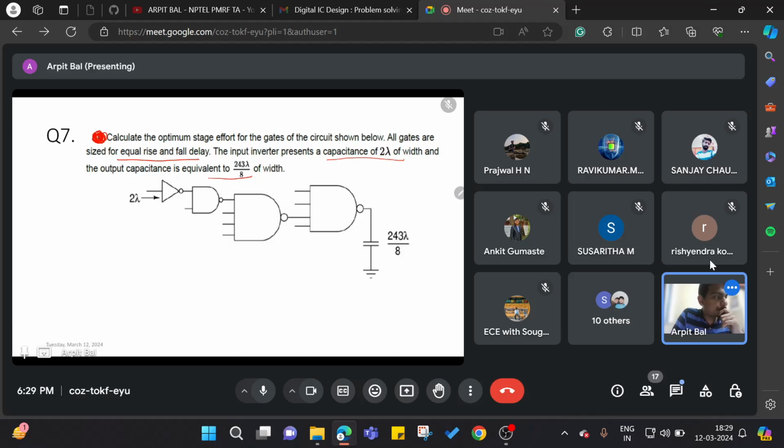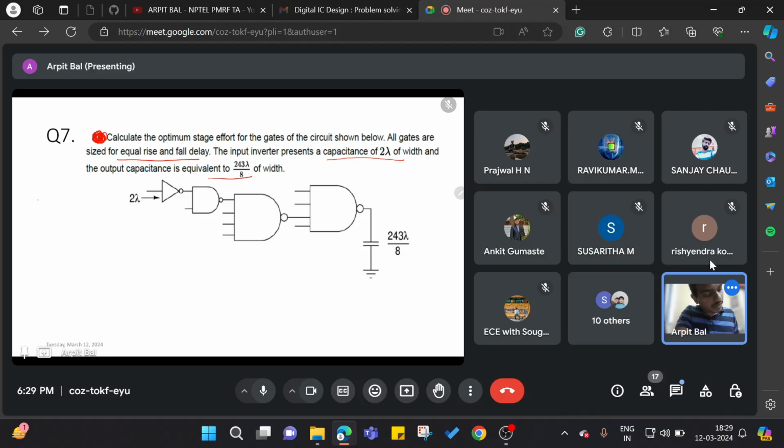First thing first, we will try to calculate the logical effort of each of these gates, because we are supposed to find the optimum stage effort, that is the F hat. First we will calculate the logical effort for the individual gates.